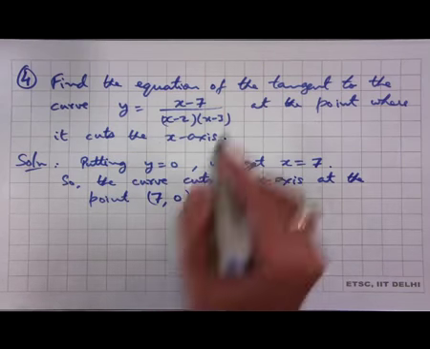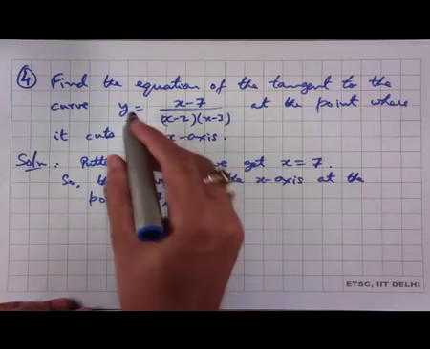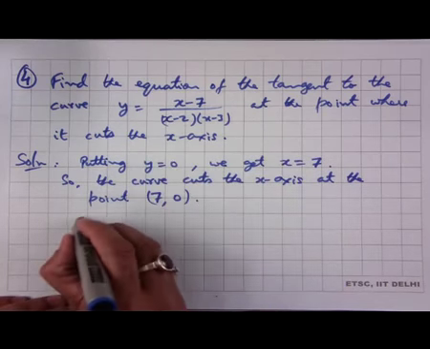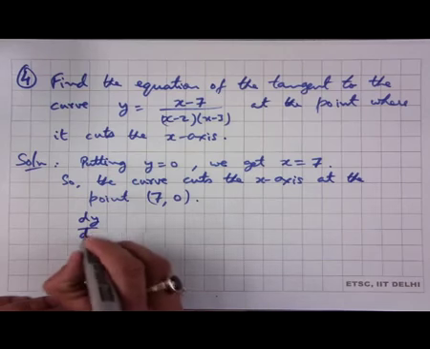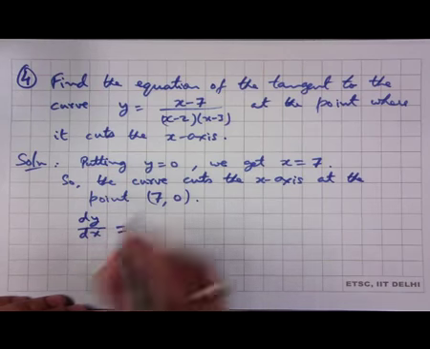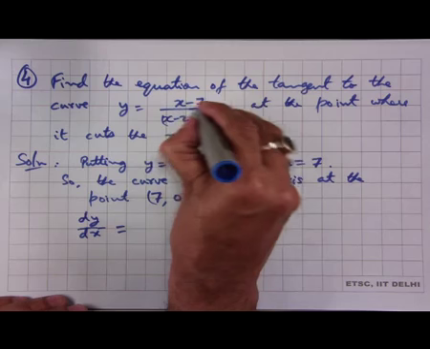Now, we will find the slope of the tangent line. For that we need dy/dx. So, for dy/dx we can use the quotient rule.